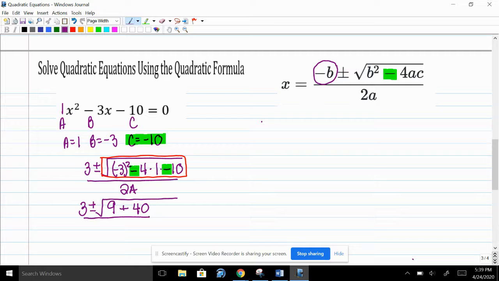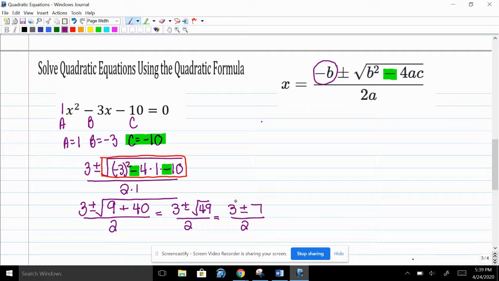All over 2a, which should have been a 1. 2 times 1 is 2, equals 3 plus or minus the square root of 9 and 40 make 49. We're almost home free here, guys. On top of 2 equals 3 plus or minus the square root of 49, a nice neat 7, on top of 2.